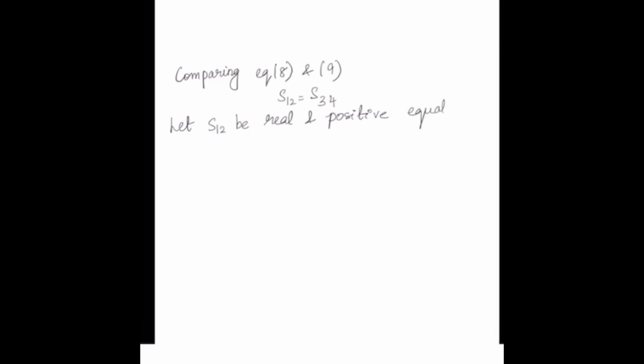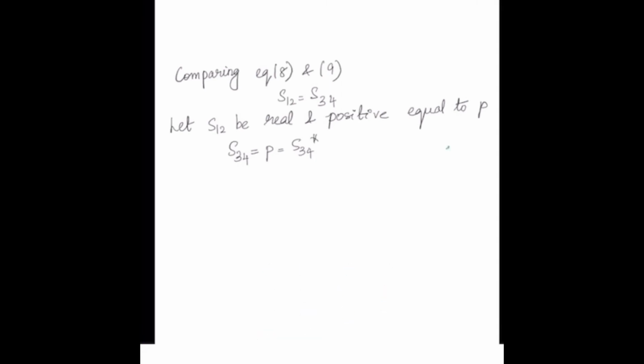Now let us consider S12 to be a real and positive number and let it be equal to P. Therefore, as S12 and S34 are equal, it can be written as S34 is equal to P. As it is a real number, its conjugate will also be equal.